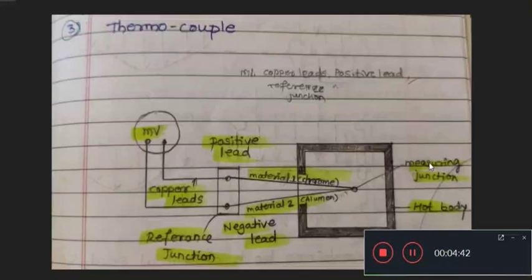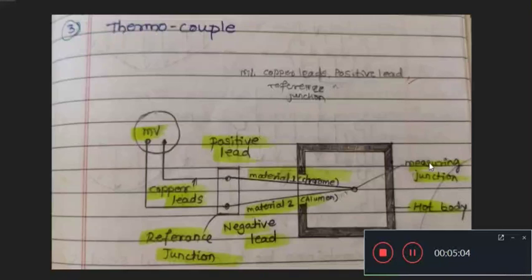Dear students, now we shall study the third type of temperature measuring instrument, known as the thermocouple. Couple means two pieces joined together, forming a single joint known as the thermocouple itself.